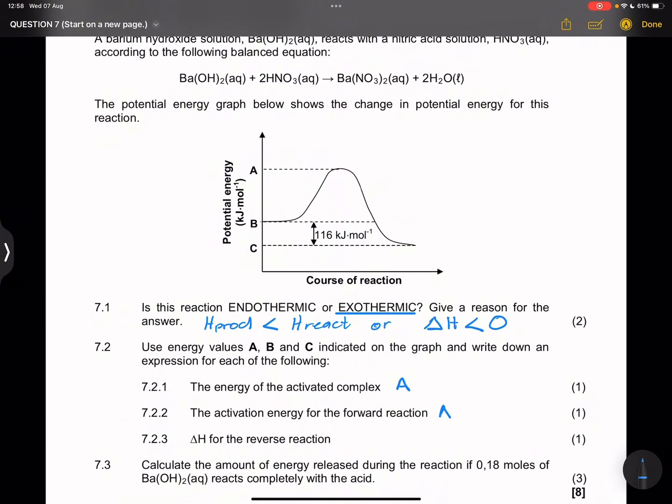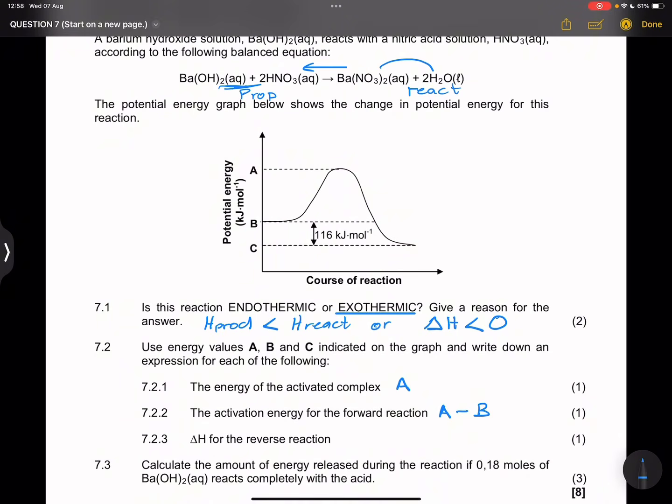And now they want to know delta H for the reverse reaction. Note, for the reverse reaction, what would have been your products now become your reactants, and what would be your reactants now becomes your products. Remember, when you're talking about the reverse reaction, we are now reversing what we are doing there. So these two react to form the ones on the left-hand side.